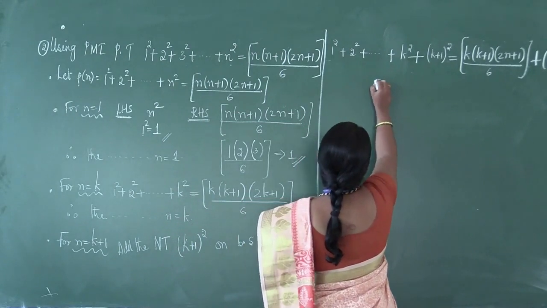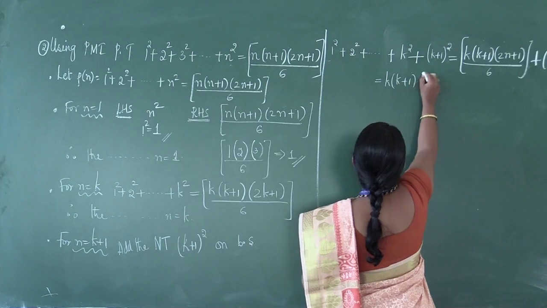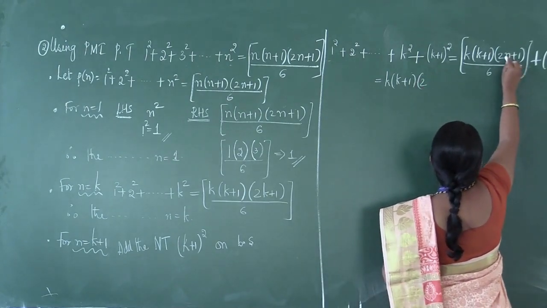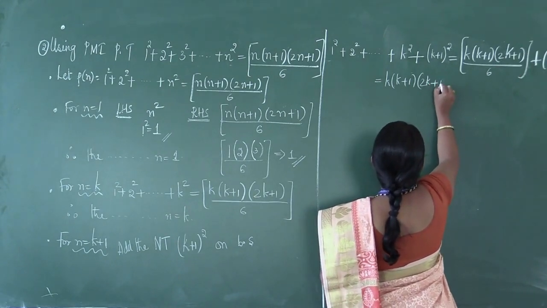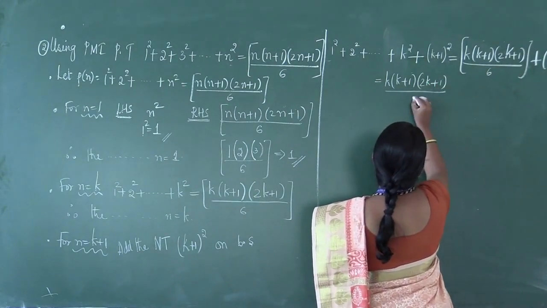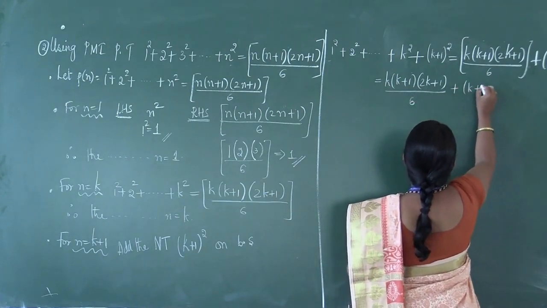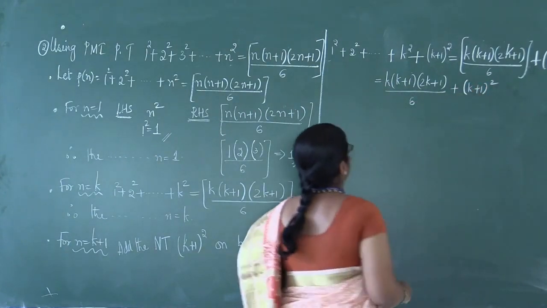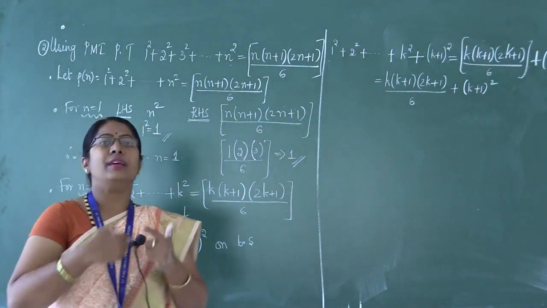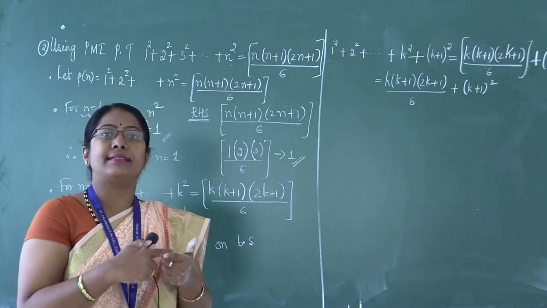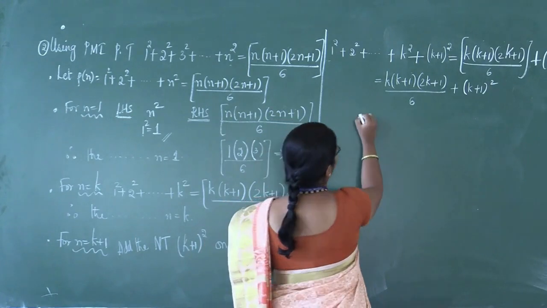What is RHS? k into k plus 1 into 2k plus 1, whole thing divided by 6 plus k plus 1 whole square. In the previous problem, what did we do? We took the LCM, simplified, represented each term of k in terms of k plus 1. The same steps we shall follow here.